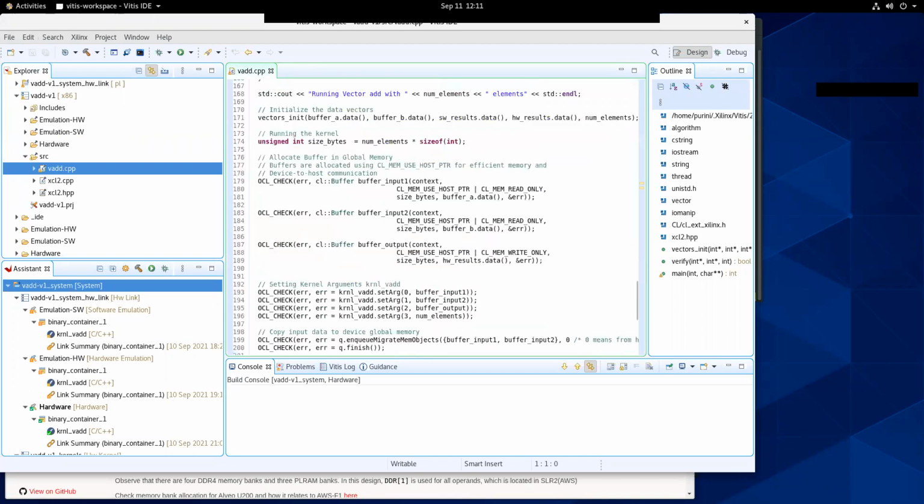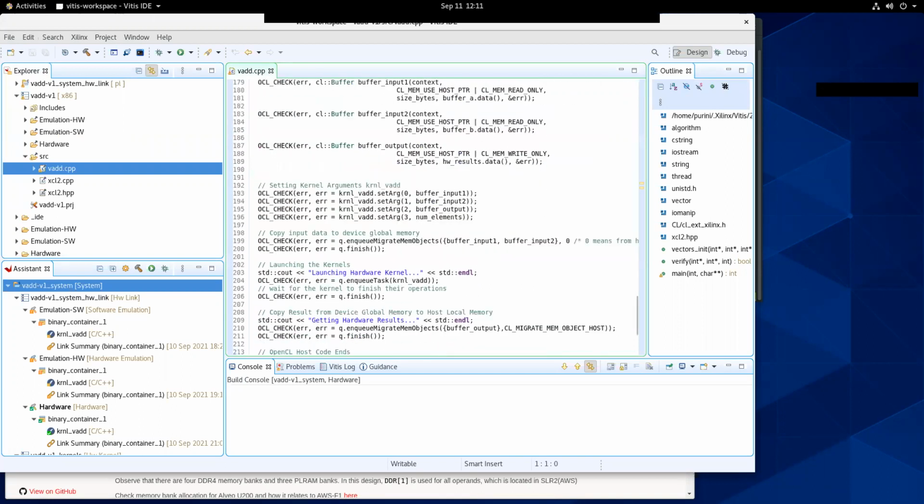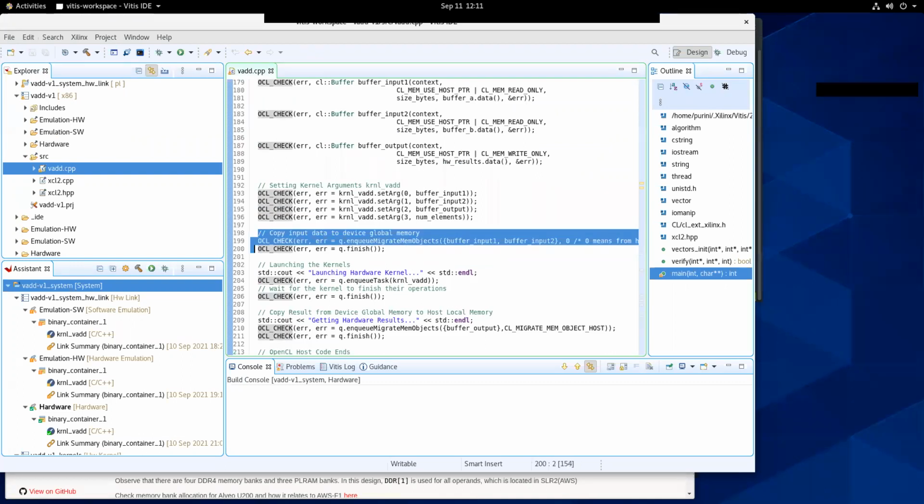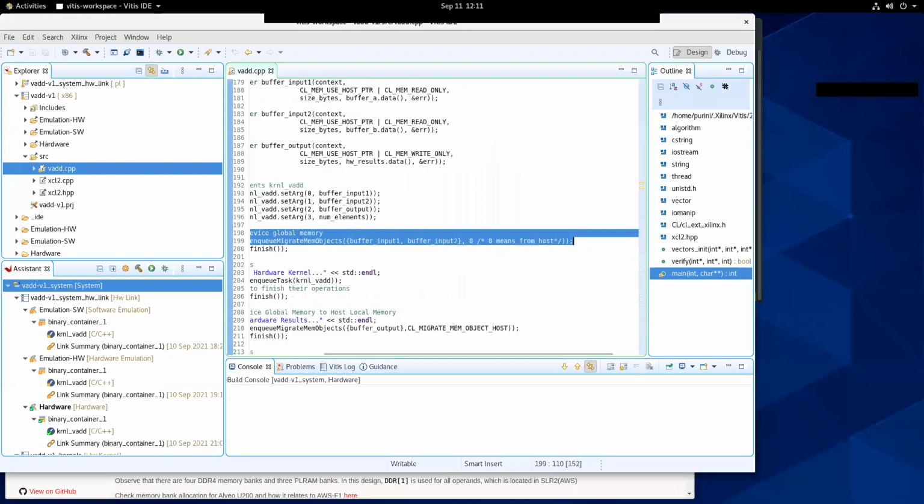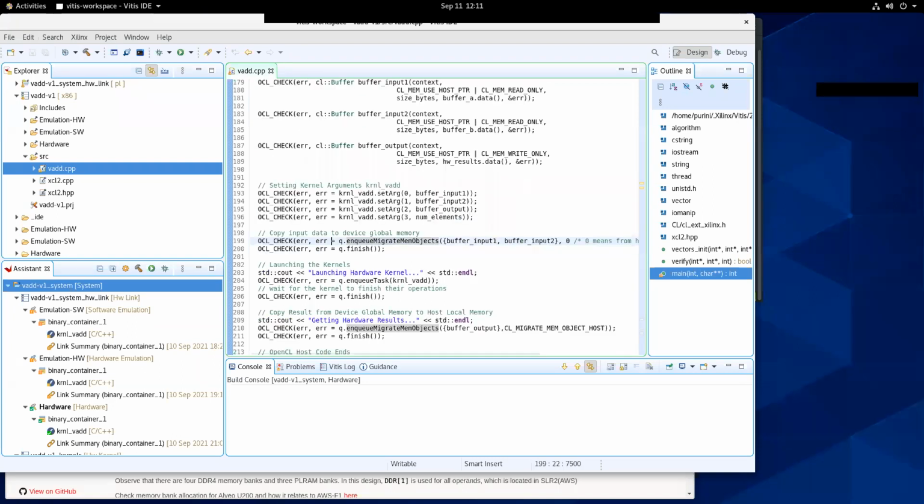If we go here on line number 199, this is the place where we are transferring data from the host memory to the device global memory.